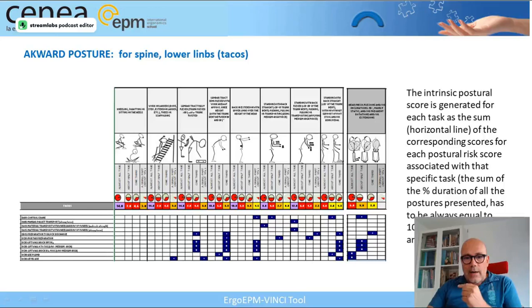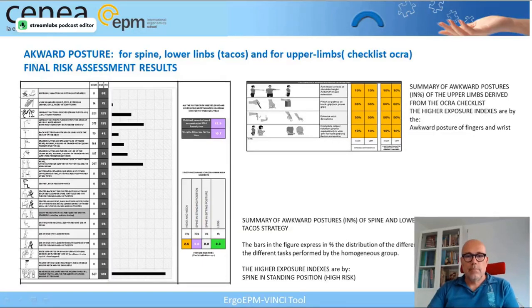Let us remember that to evaluate the intrinsic risk we have had to explain with the TAKO method, we have explained 100% of the work time, what percentage of time each body segment was in each of the postures. Considering the time they dedicate to each of these tasks, the end result is that we have a significant high risk.